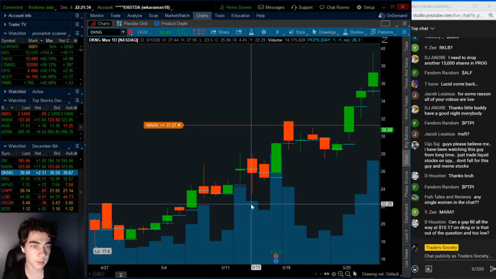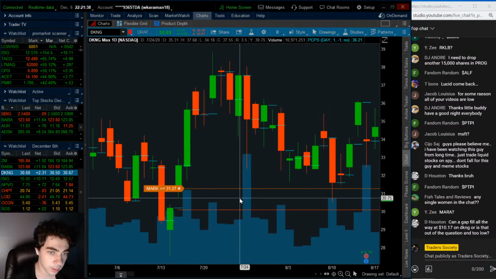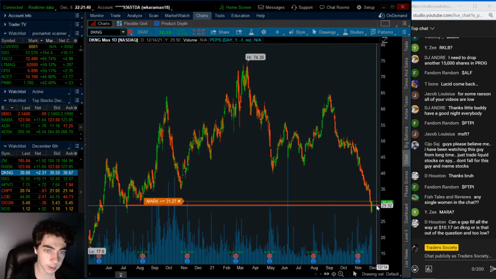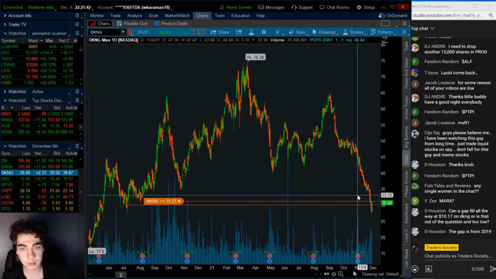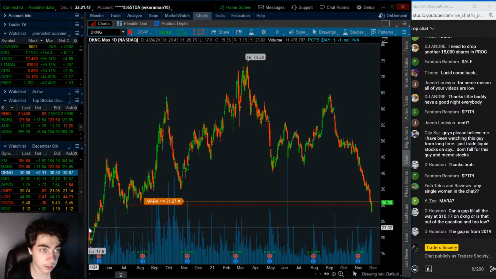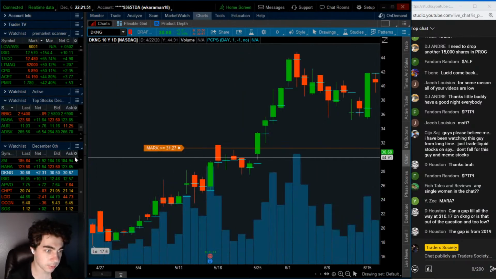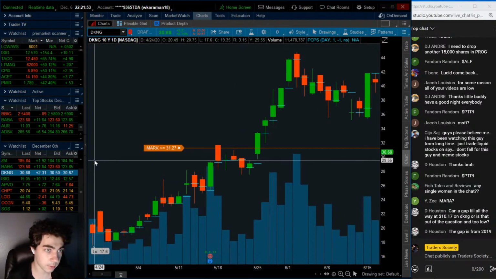I'm not seeing that, so I'm not sure where you're getting that one from. But I'm saying if this can go above 31 and hold, it's really going to start to launch back to the 35s. Gap is from 2019. Yeah, I'm just not seeing it. The furthest it's going back for me is on April 24th, 2020.